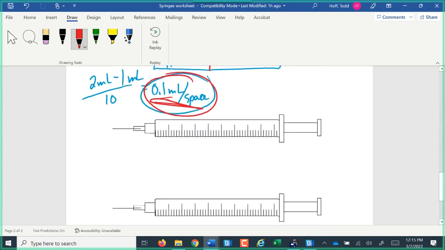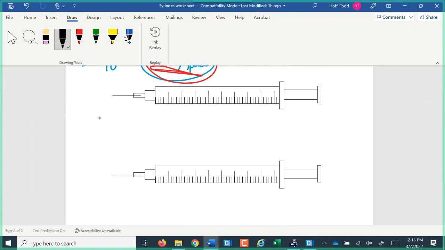Now, with that said, because it is so hard to fill syringes, we're not going to be filling or coloring in syringes. Mostly, we're just going to be reading a syringe and figuring out what volume it actually contains. But if you can read a syringe, you should be able to fill a syringe as well.